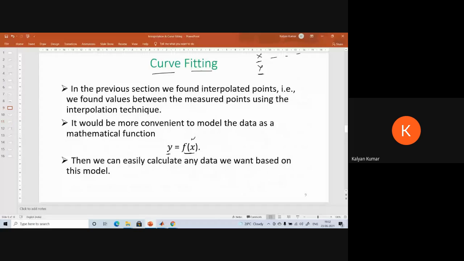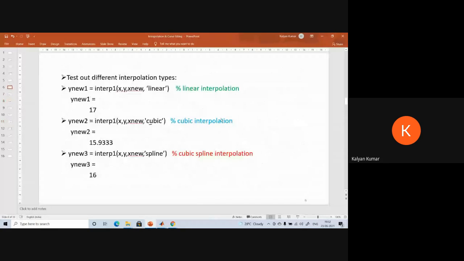So in interpolation techniques, if we have a set of measured data points, and we want to find the value at any unmeasured value, then we can estimate the second set of data points from the first set of data points using the interpolation technique.